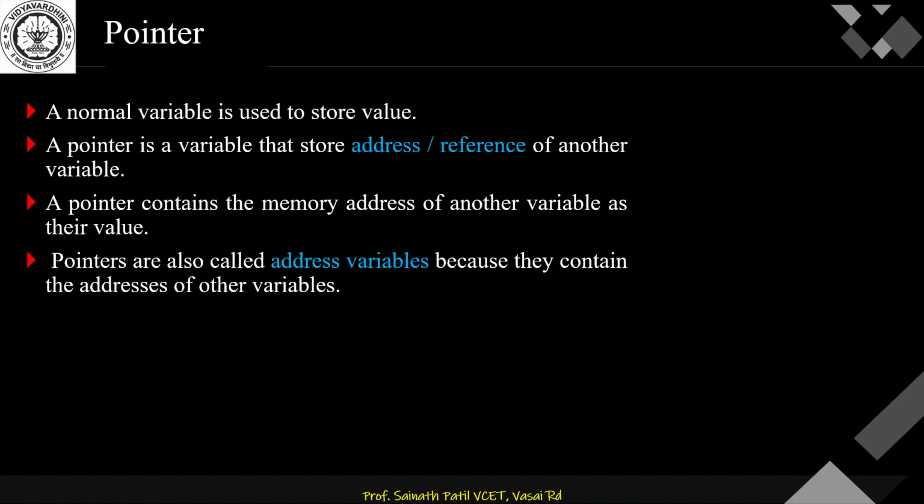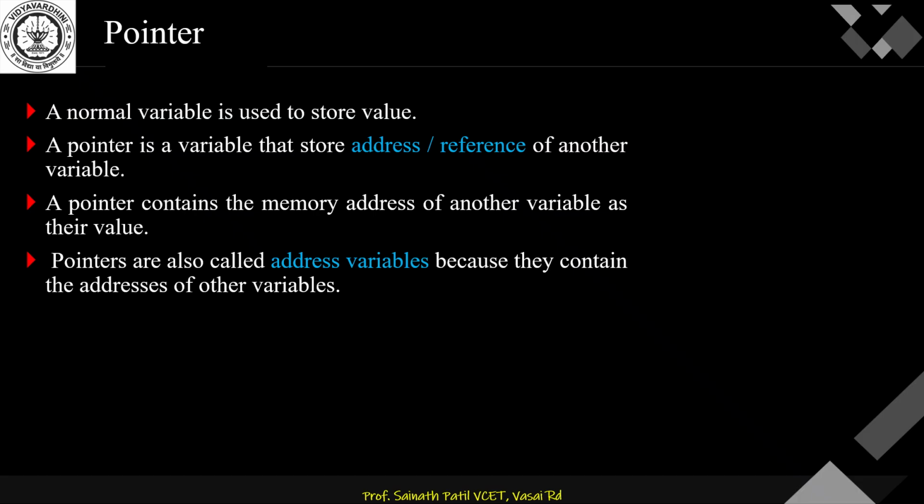So let's start with pointers. We know a normal variable is used to store values, for example in float and char; these data values can be stored using their respective data types.